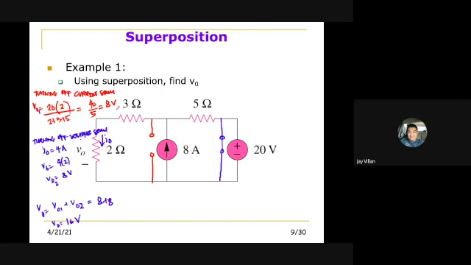Okay? So when we turn off the 20 volt source, the direction of the current is toward here.